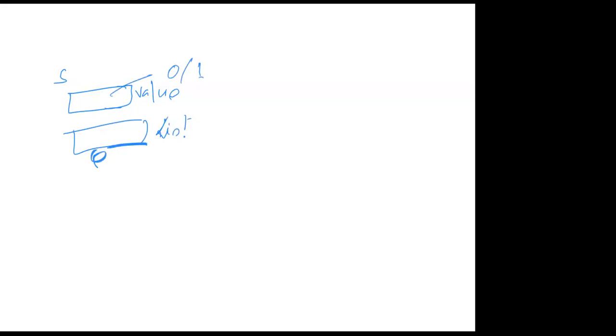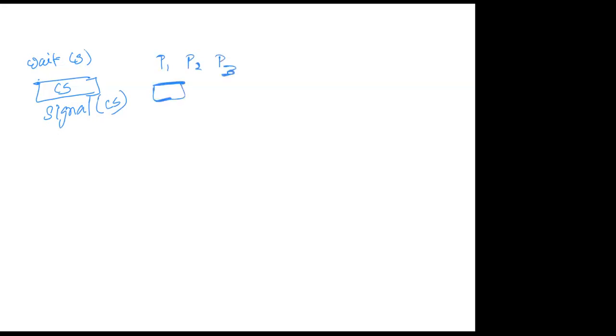So how can you implement this type of semaphore? You can use two functions: one is the wait function, which takes a semaphore as a parameter, followed by the critical section, and the other is the signal function. If you have several processes P1, P2, P3, each process has its own critical section.